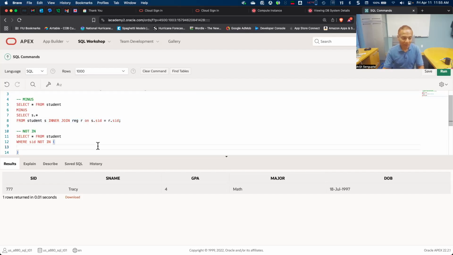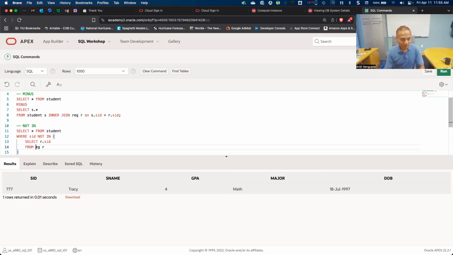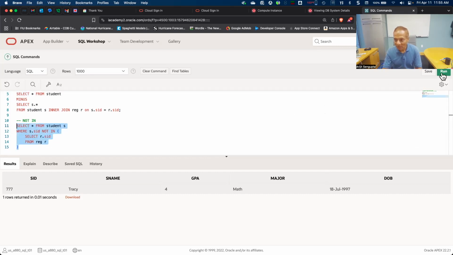So we will say select r.sid from reg r. I mean, we don't really need aliases, but as I said, I always like using aliases. So basically what we are doing is trying to find the students whose ID don't appear in the registration records. So if I run this, you'll see I'm going to get Tracy again.